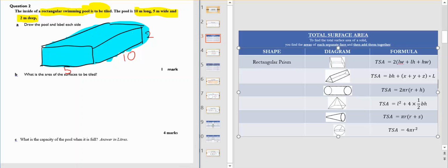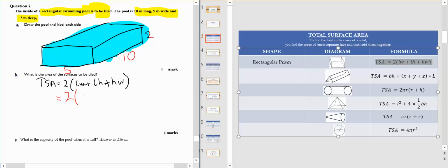So if we go to our rectangular prism formula, the total surface area is this. We need to write that down. Total surface area equals 2 times (length by width plus length by height plus height by width). The next step is to substitute what we know.